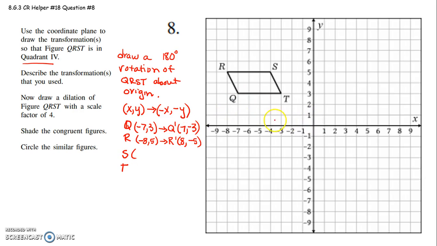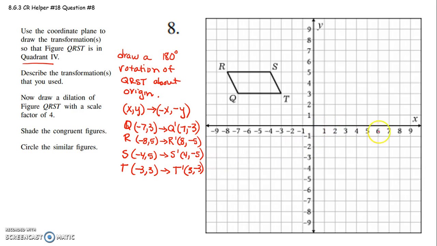S is -4, 5. So S prime would be 4, -5. And T is -3, 3. So T prime, I'm just going to change the sign of each, would be 3, -3.